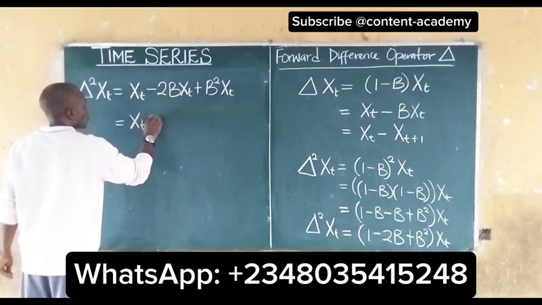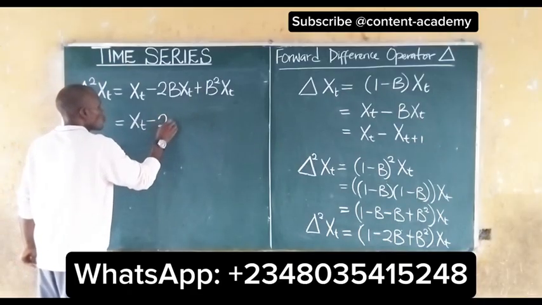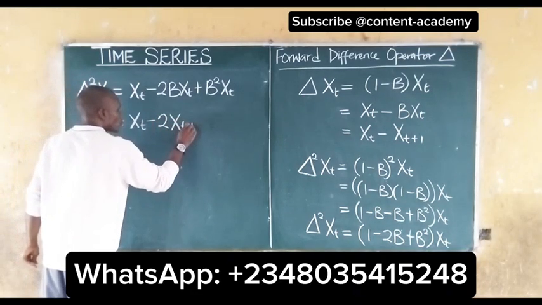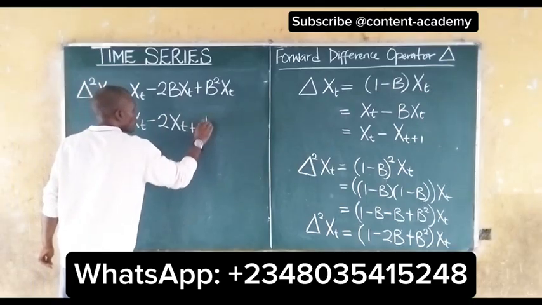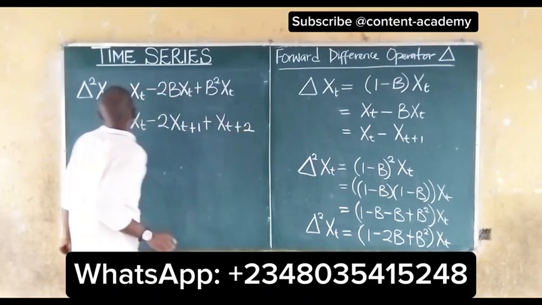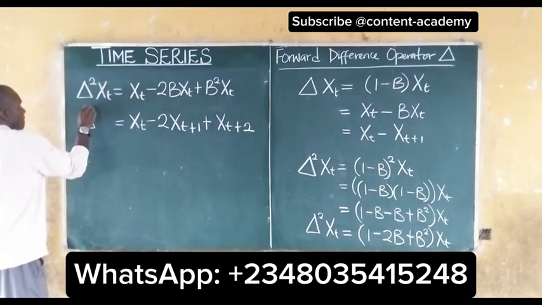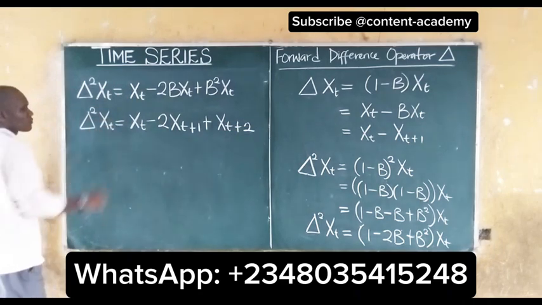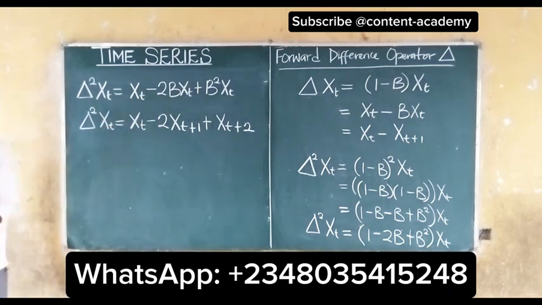Since we are using the forward shift operator, we have minus 2Xt plus 1, then plus Xt plus 2. So this becomes our forward shift operator.